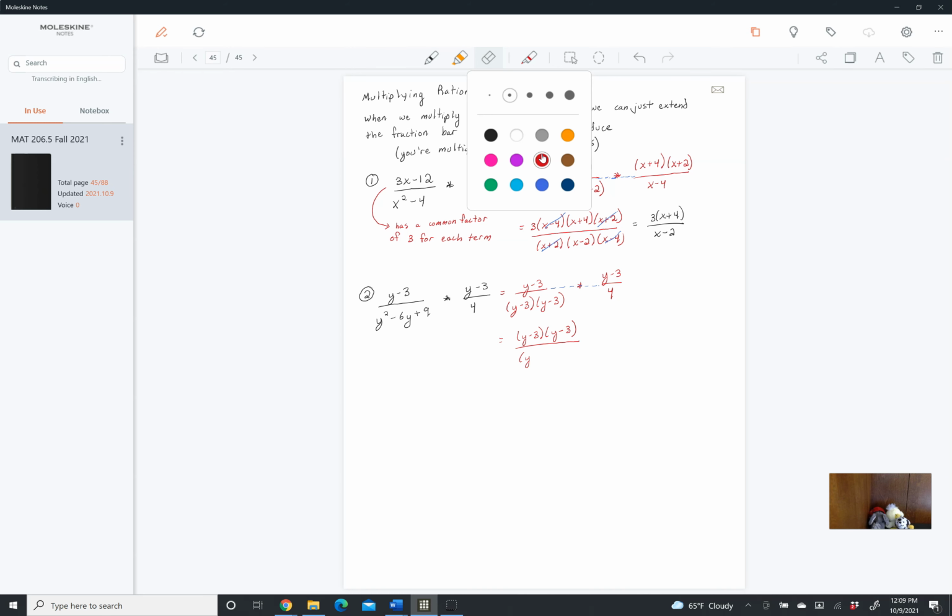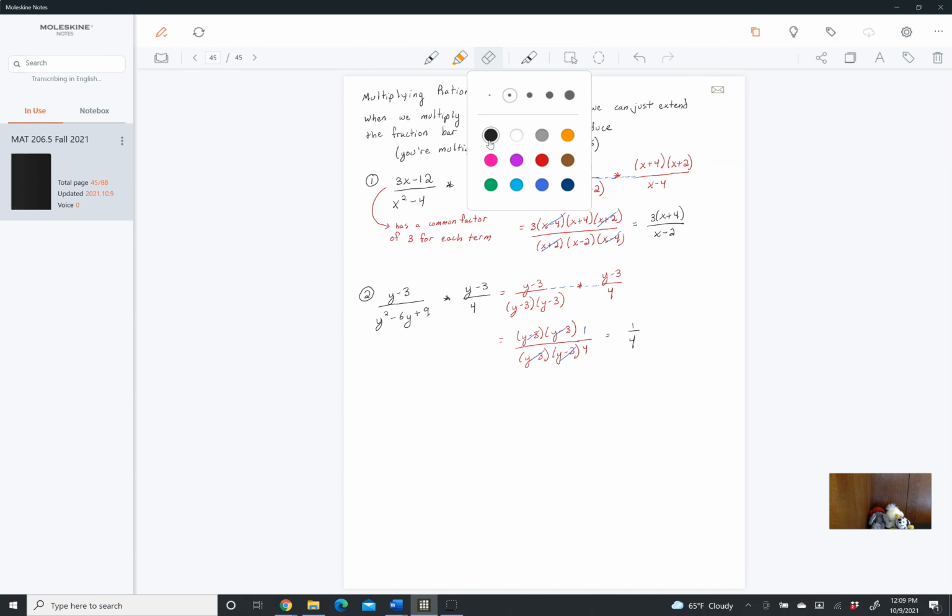And then y minus 3 times y minus 3 times 4. Both of the y minus 3's cancel, leaving us with a 1 in the numerator. And our final answer is just 1 over 4. And that's it.